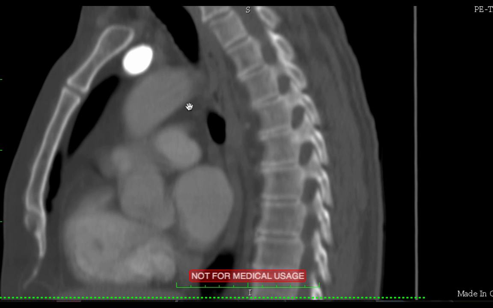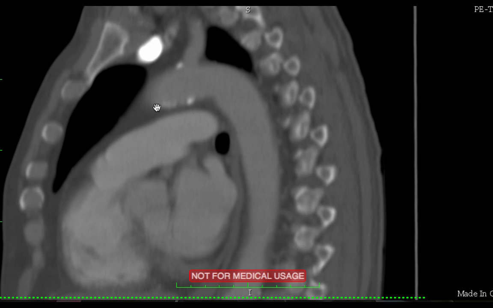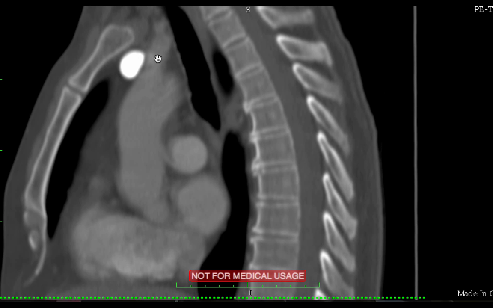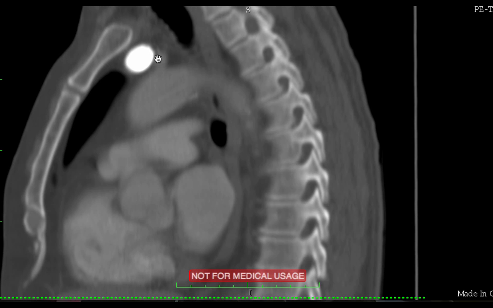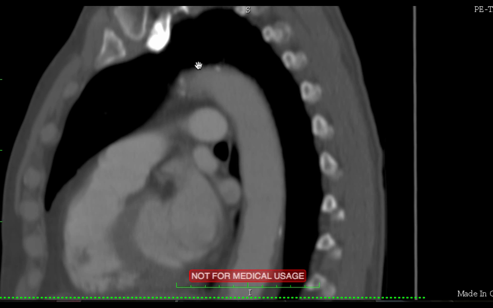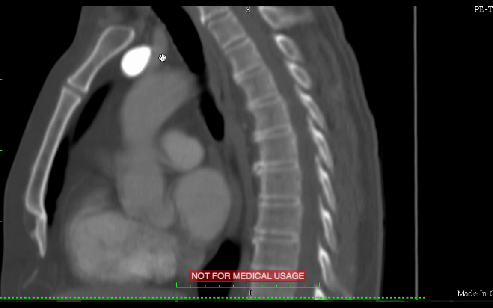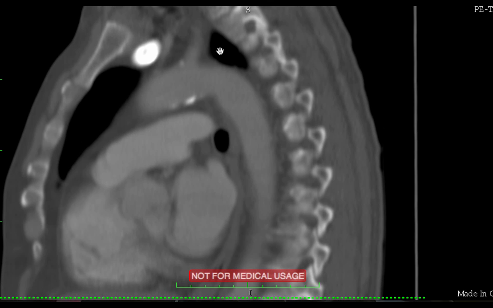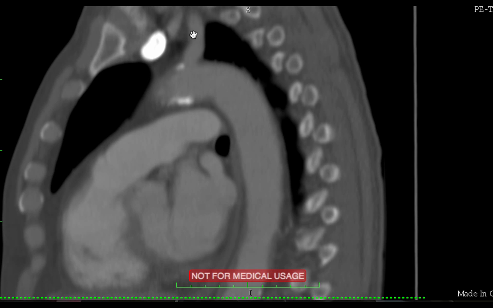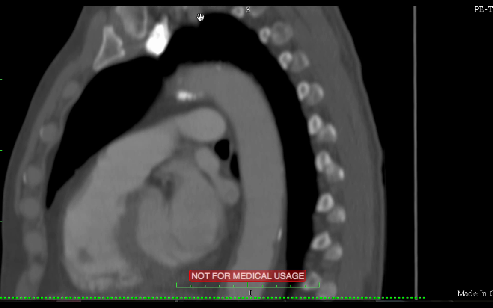You can see the aorta is closely positioned next to the main pulmonary artery. So you have the ascending aorta, you have the brachiocephalic artery coming off it first, then you have the left common carotid artery going up the neck. Oops, that was left subclavian. So here you have the brachiocephalic artery, and then this is the left common carotid artery going up into the neck, and this is the left subclavian artery going up into the supraclavicular area and out toward the arm.